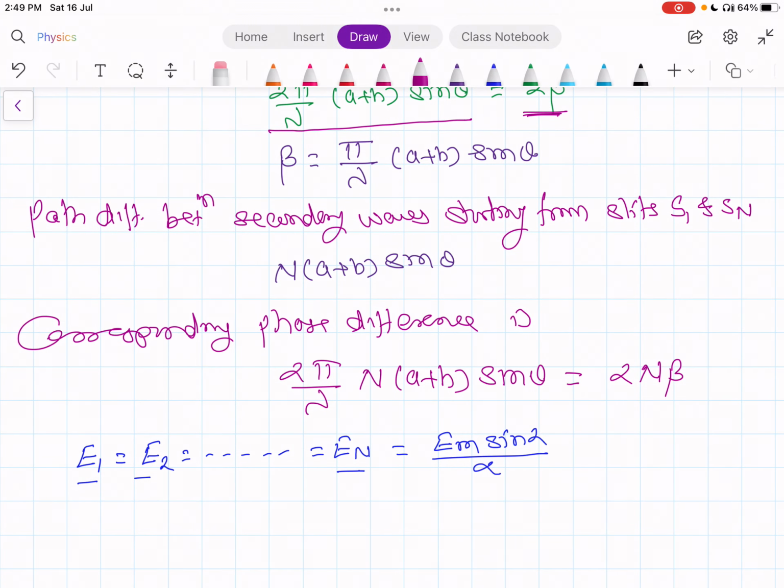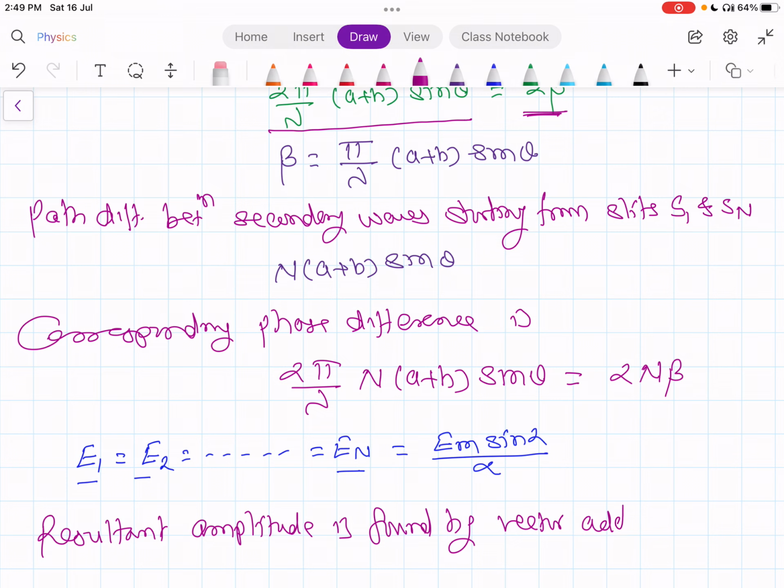This resultant amplitude is found by the vector addition method.